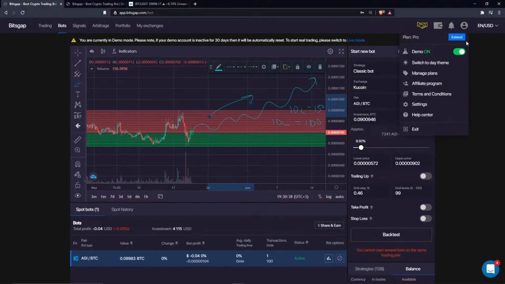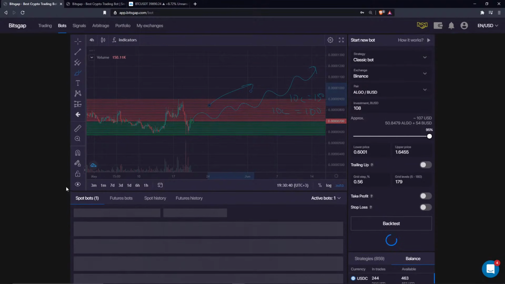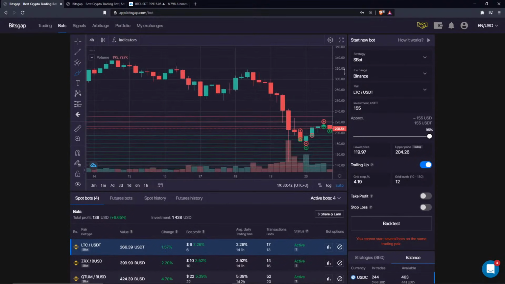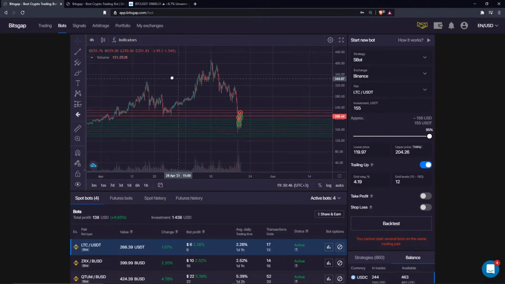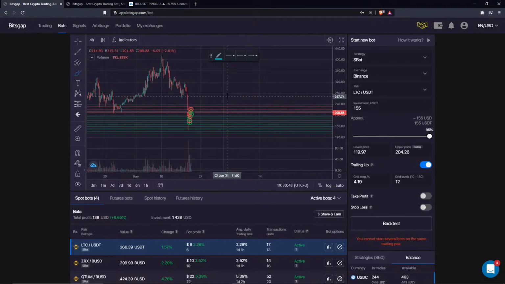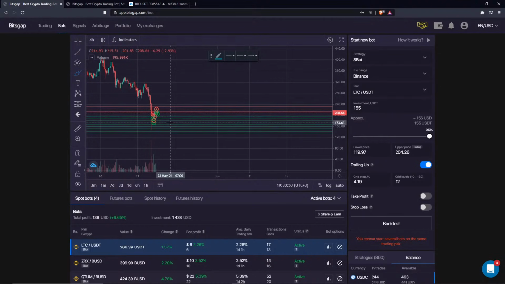Whereas in case of the S bot, it's not like that. The S bot always spends a certain sum. So for example, let's say $100 is the amount it spends per each grid level, and at some point you will see that this $100 would be enough to buy 10 coins.